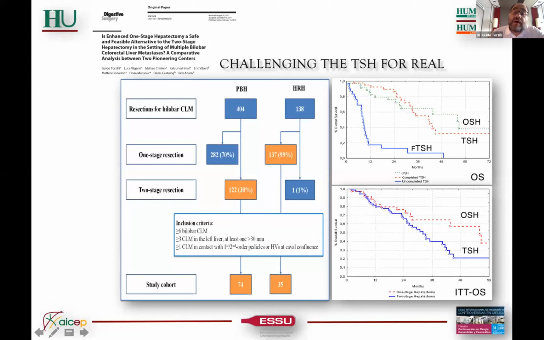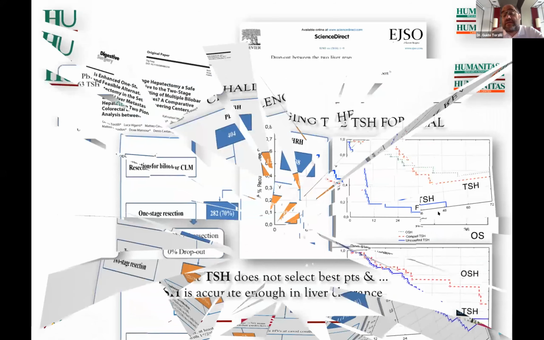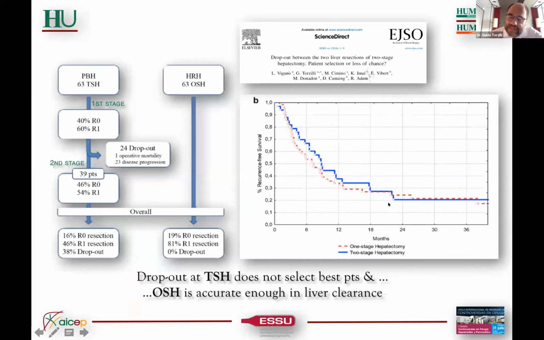And this one is another comparison with them, showing that the local recurrence is similar among the two series. It means that we are not really selecting patients as the two-stage does, but we operate also on those that would have been excluded by the two-stage because they dropped out, and despite this theoretical worsening of our series, the recurrence was exactly the same.